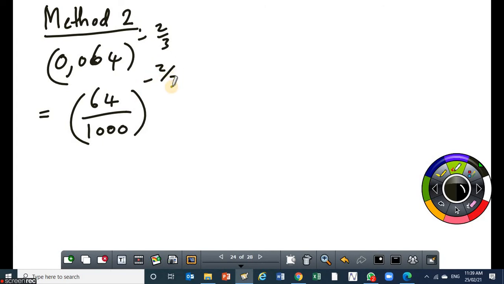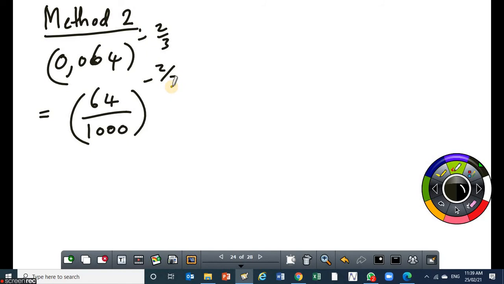Now, you need to know that if the exponent is negative, and you have a base which is a fraction, you can swap the numerator and the denominator and convert the exponent from negative to positive.